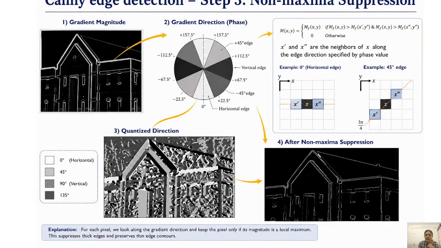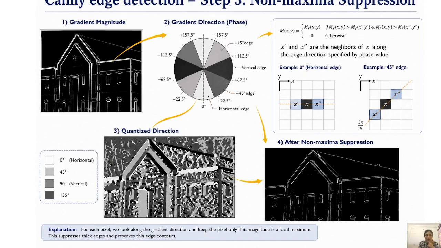x dash and x double dash are the neighbors of x along the edge direction specified by the phase value. Now I am going to take any angle, from plus 157 to minus 157, and concentrate on any one of the pixels.